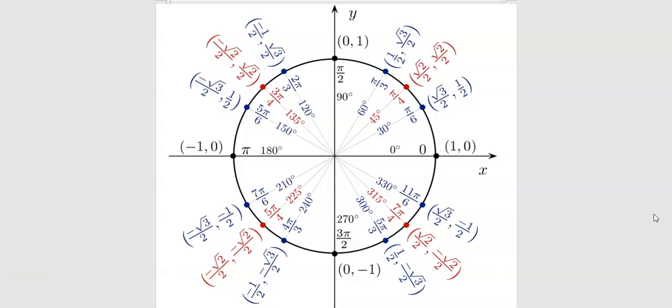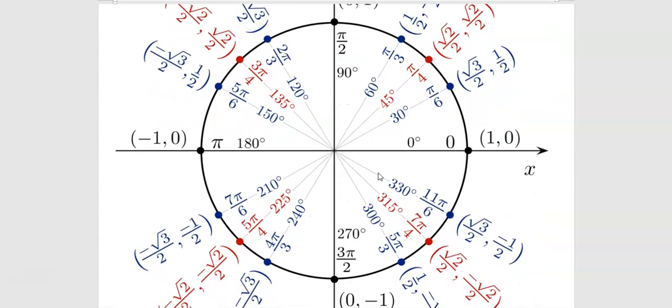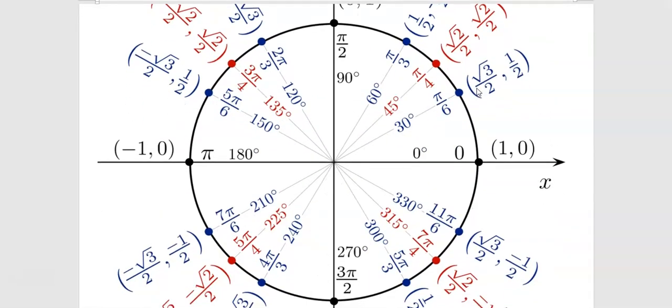So this is a unit circle. I'm going to zoom it in a little more because inside the circle is where we need to see. So 30 degrees is pi over 6, and you can see the red ones we did together.